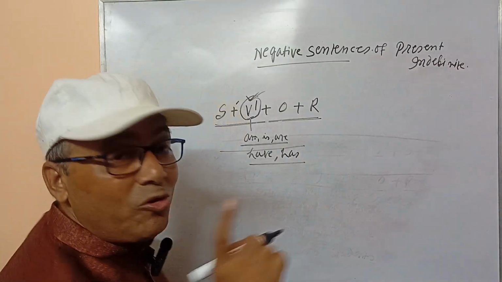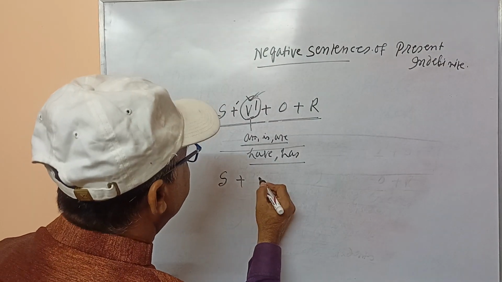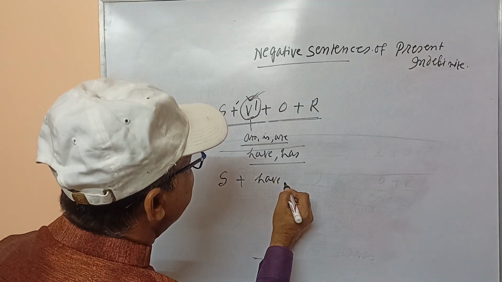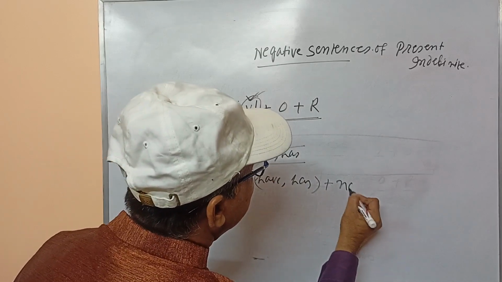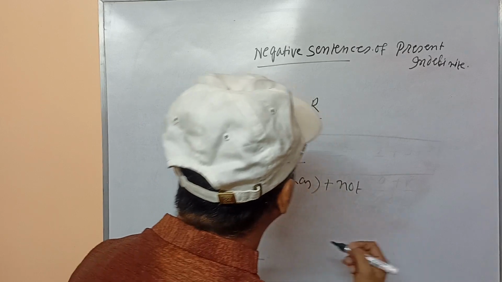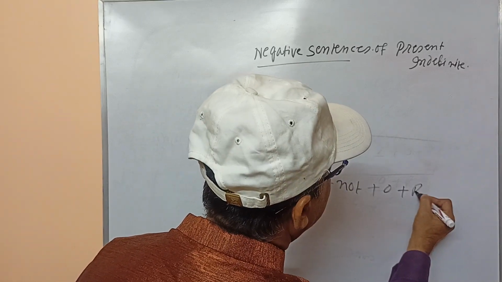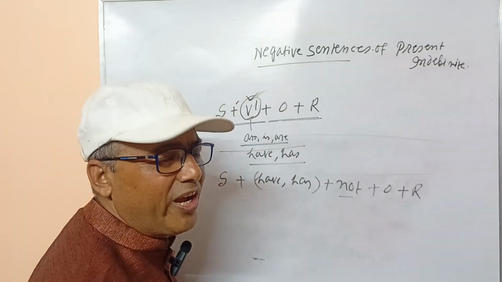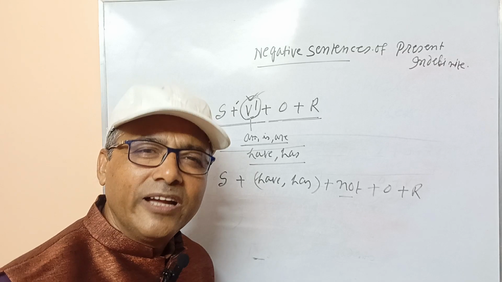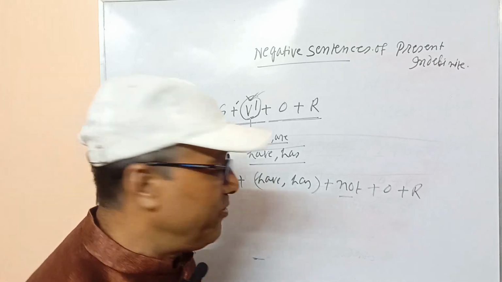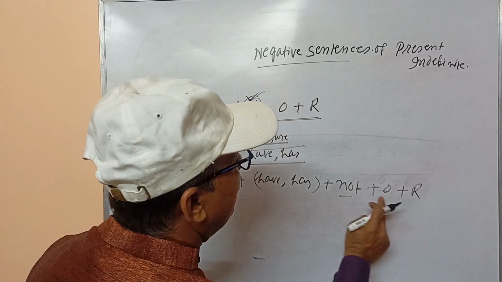So what will be the formula of negative? Subject, very simple. After have and has, just take not or no. You can write not and then object and then remaining. But where to use not and where no, we have made a video, you can see that video, right? So: subject, have, has, not, object, remaining.